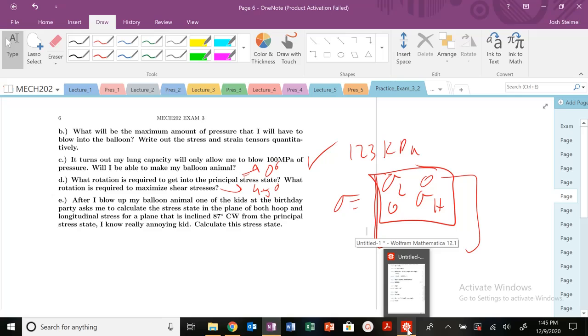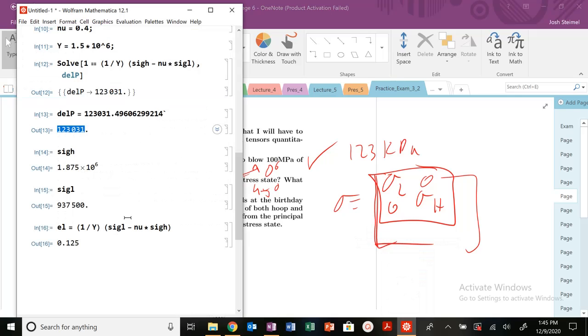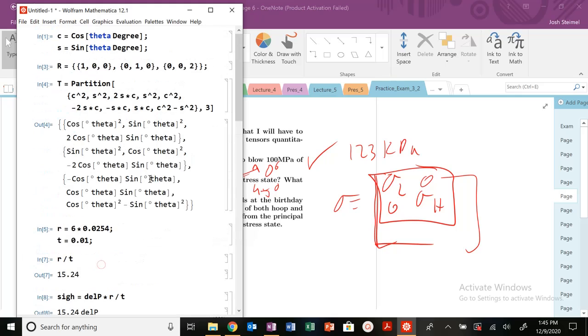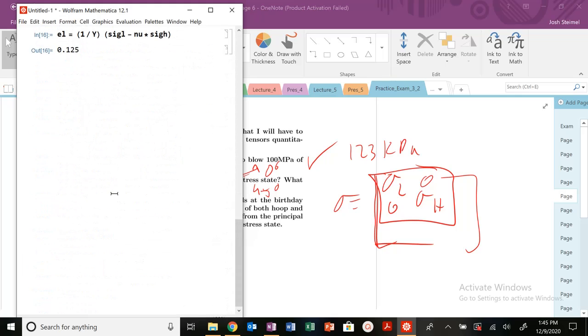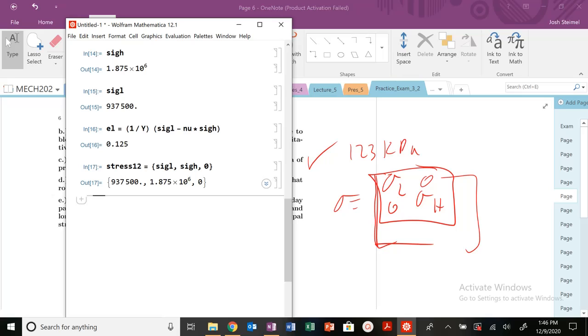So we already know that we're in the principal stress state, so we don't have to figure out any rotation from that. So instead, all we have to do, I've evaluated this already, so I'm going to call this my stress in the 1-2 direction. So sigma L, sigma H, 0. I'm already in that principal stress state.